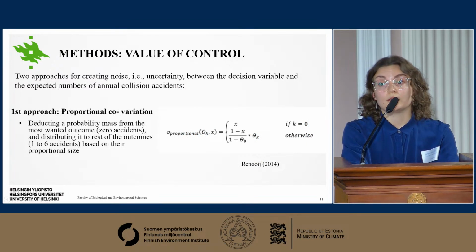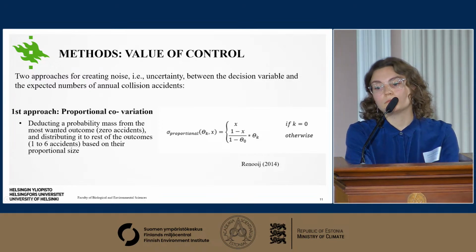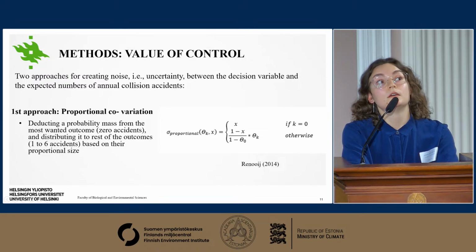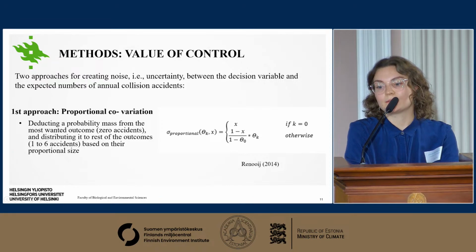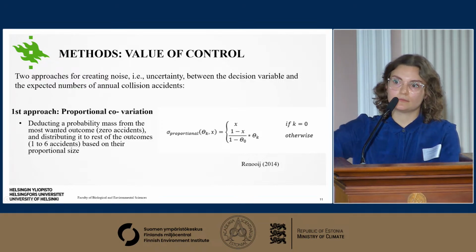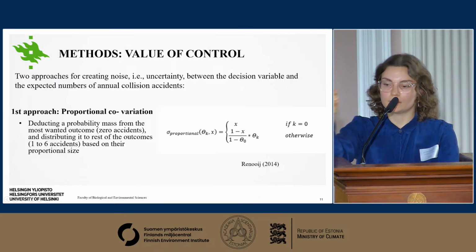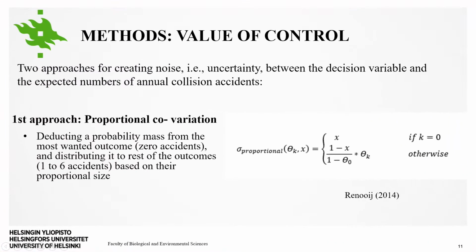So to do so, I introduced the uncertainty between the decision and the outcome, and I used two approaches for creating this uncertainty, to allocate the probability to the distribution more evenly so that it is more uncertain.